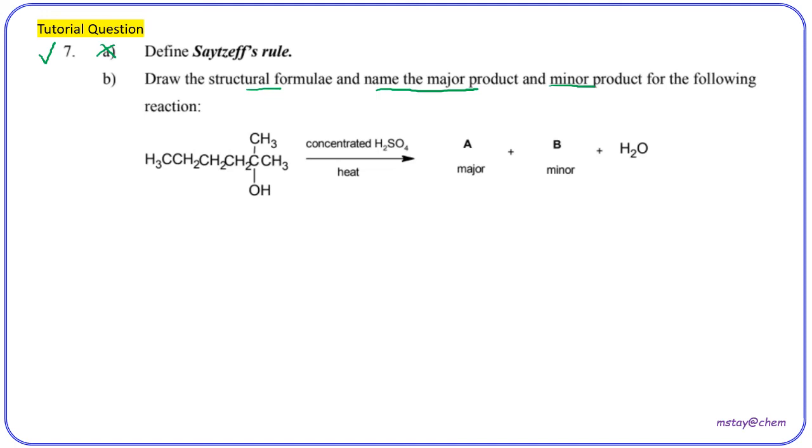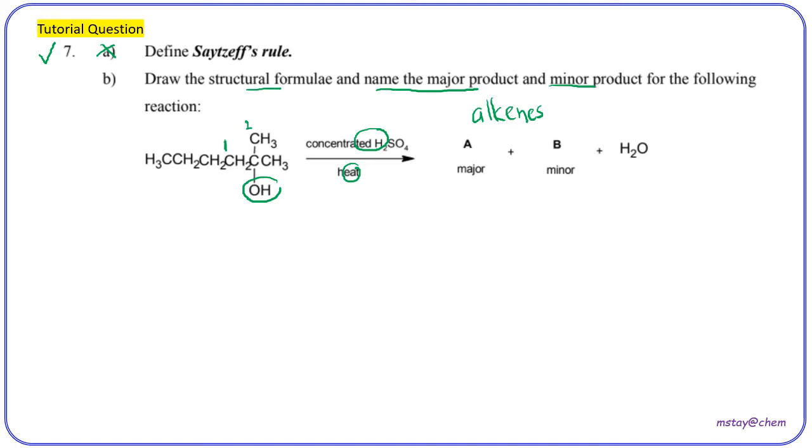When we see an alcohol hydroxyl group with concentrated sulfuric acid and heat, we know that the product will be an alkene. Okay, so definitely we know the OH will be removed. Next we are going to remove a hydrogen next to the hydroxyl group. Okay, so we have 3 possibilities.